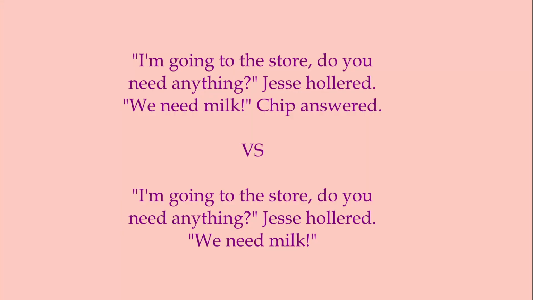And the second thing is to notice which dialogue tag I removed, and I want you to take a second to think about why that's the one I removed. Did you say that it's because it's clear that the second line of dialogue is answering the question of the first one? You're right, but there's actually a secondary reason.